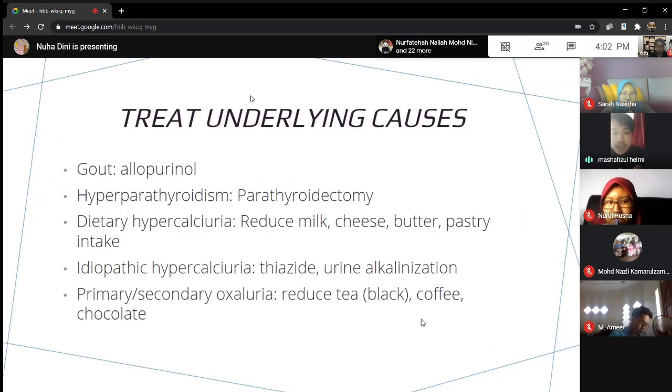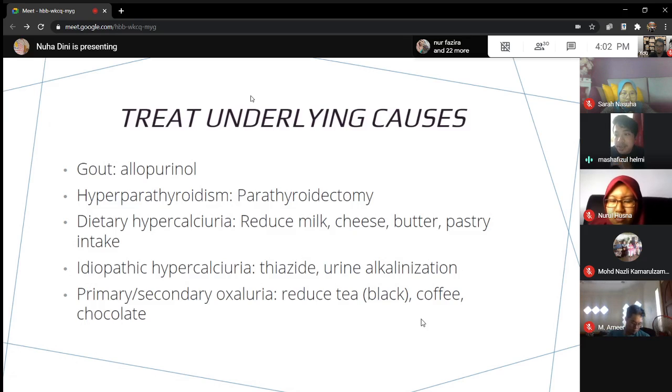The last one is the oxaluria. So in this case, it can be either primary or secondary. Primary is basically hereditary, a genetic predisposition in which sometimes the liver does not produce enough oxalate oxidase to metabolize the oxalate. So there is a high amount of oxalate in the body.